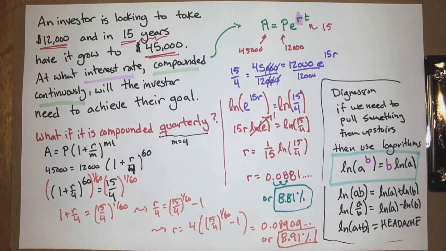So we should expect it to grow at a slightly slower rate than if it were being compounded continuously. If the two rates were equal, continuous beats discrete. So if I want them to tie at the end, the discrete has to make up for it by being slightly higher. So that's consistent.